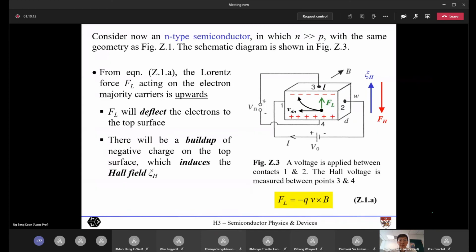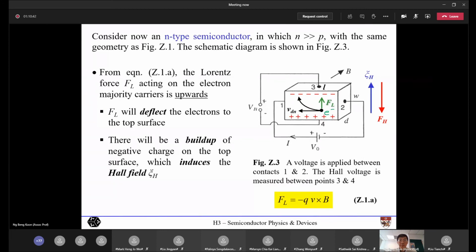Now, if you look at the case of N-type semiconductor, the reasoning is the same. If you maintain the same experimental condition, where the current still flows from left to right, and let's say this is an N-type semiconductor where electron is the majority carrier, then the majority carrier electrons would tend to move to the left, because electrons move in the opposite direction to conventional current.